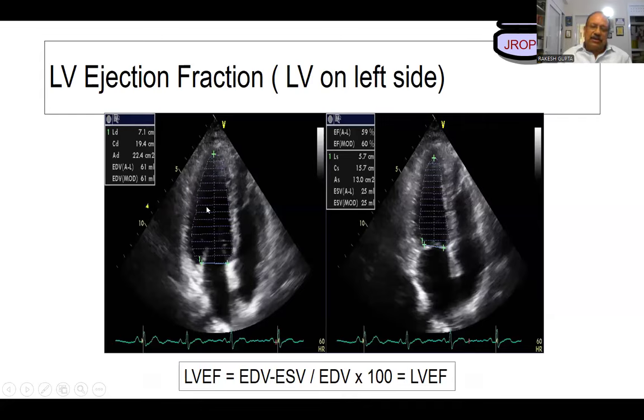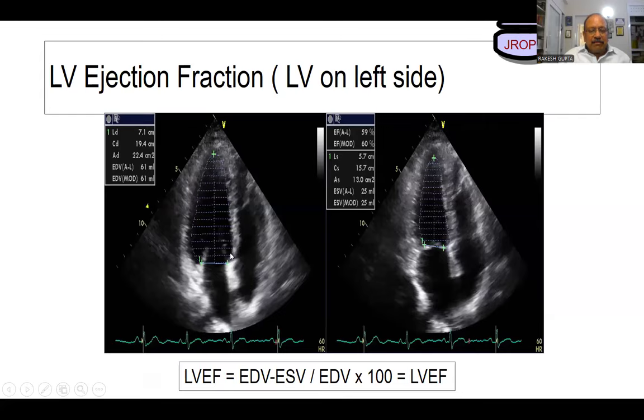I'm sorry to say that the majority of Americans have adopted a reverse technology. They drive on the left-hand side, in opposite directions, and they work more with the left hand. So many times they have adopted a technology which is relatively opposite to ours. So this is the left-hand side, this is the septum, this is the lateral wall.